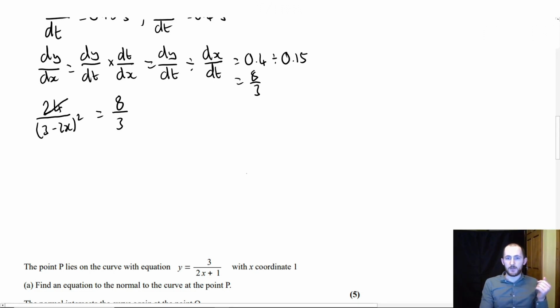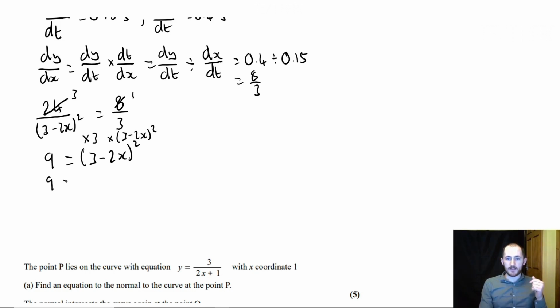Actually, before that, I'm going to divide both of these by 8 to make it a bit easier. But I'm going to cross multiply now, so 3 times 3 is 9 equals (3 minus 2x) squared. All I've done is times by the denominators of both of these things, so times both sides by 3 and times both sides by (3 minus 2x) squared.